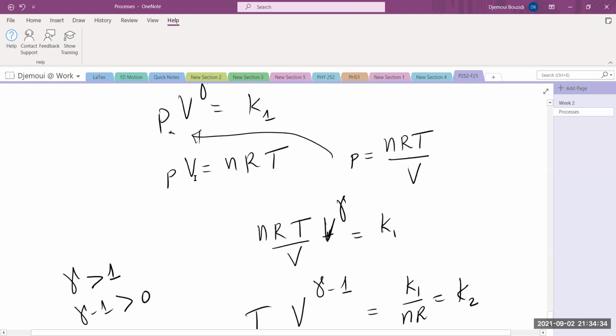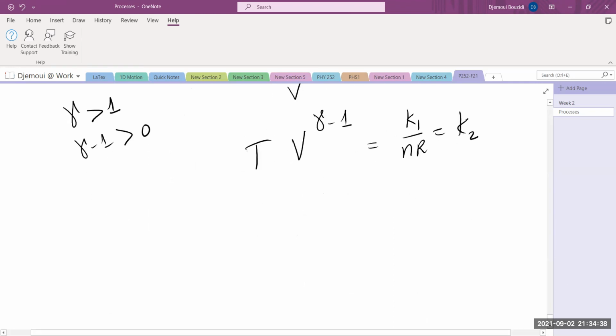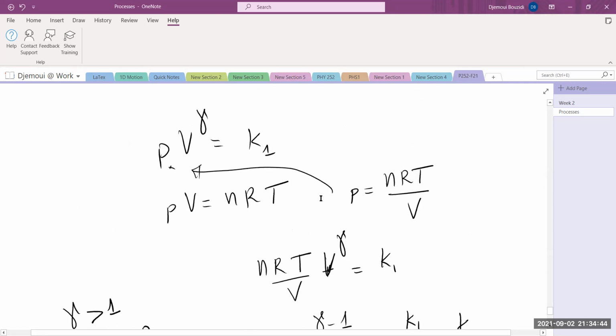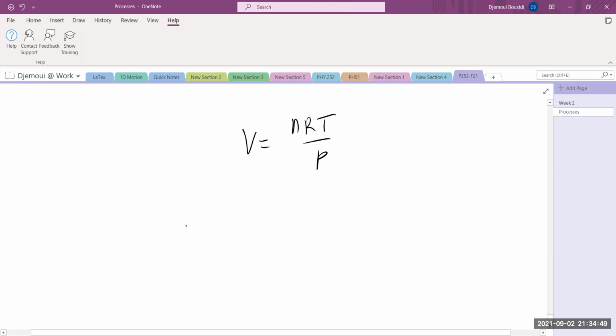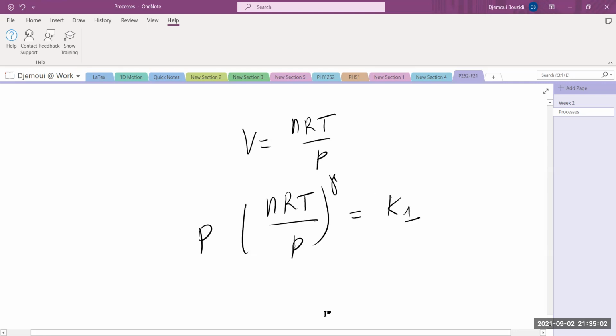We could go back into this expression and express V now in terms of P. So V is equal to nRT over P, and sub that value instead into the first expression. So we have P times V to the power gamma, and V is nRT over P to the power gamma, and this is equal to a constant K1, okay?